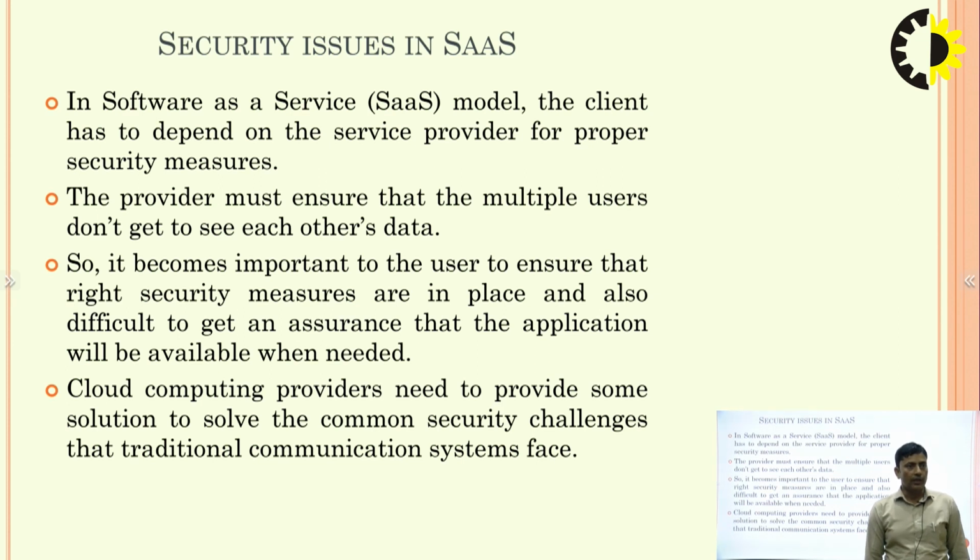In the software as a service model, the client has to depend on the service provider for proper security measures and mechanisms. The provider must ensure that multiple users don't get to see each other's data. That means there should be proper data segregation, because this is the multi-tenant model, where a number of users are using the same physical hardware through the cloud.